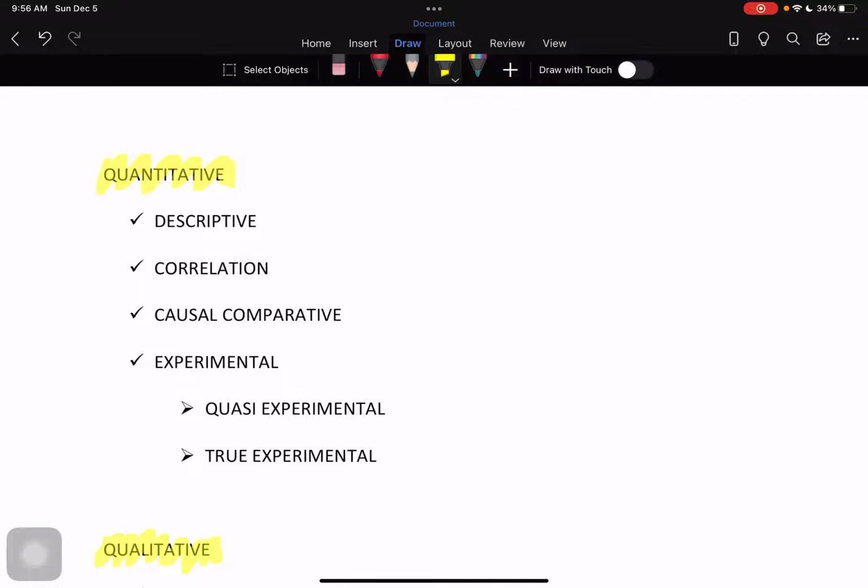Okay? So when we talk about quantitative method, earlier, I was trying to reflect how would we be able to simplify the difference between quantitative and qualitative method. So, I'd like to use this metaphor by setting quantitative on the area or perspective of logical.